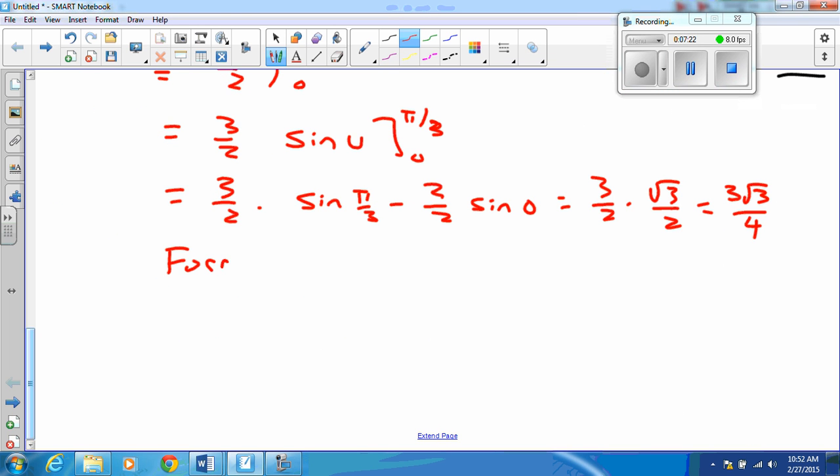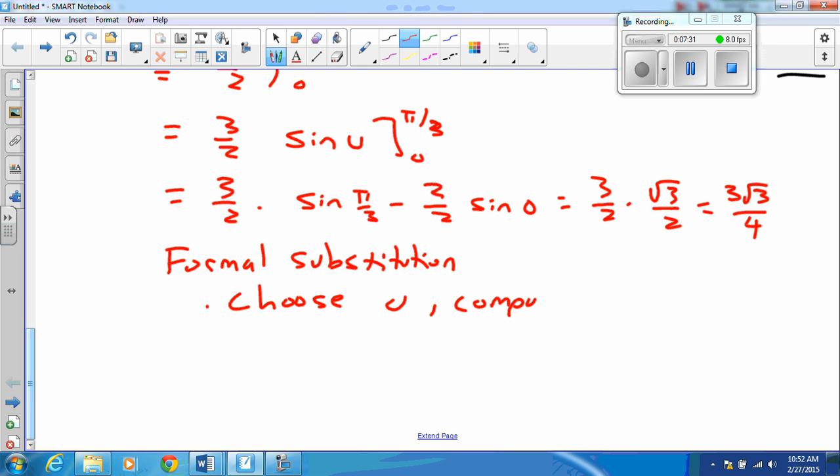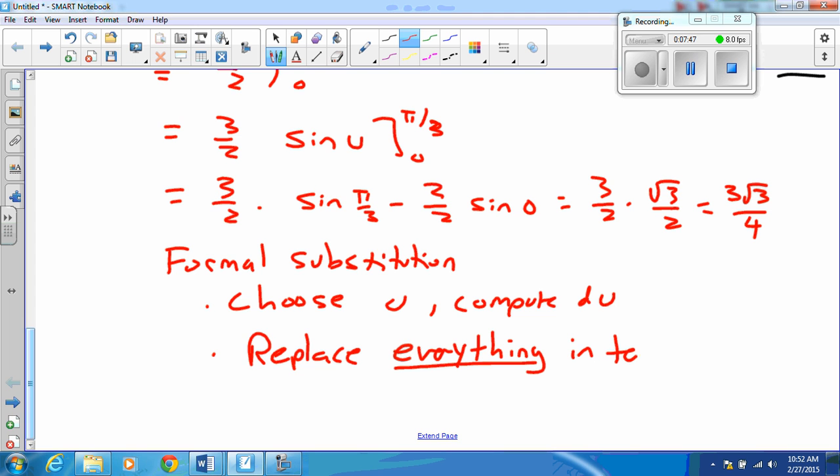So what's the moral of this story? When we are formally substituting, we choose a u, and we compute du, and then we replace everything in the original integral in terms of u, including the limits of integration.